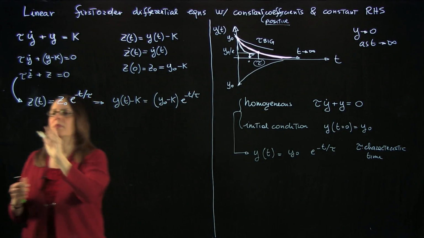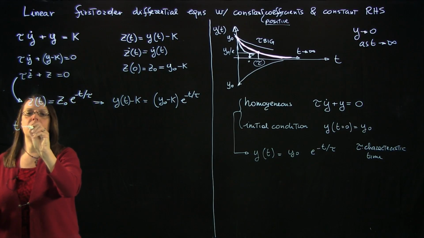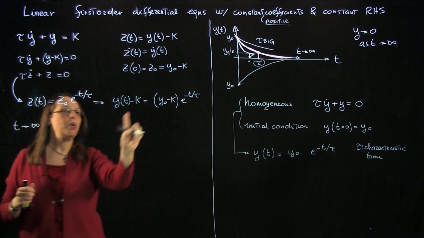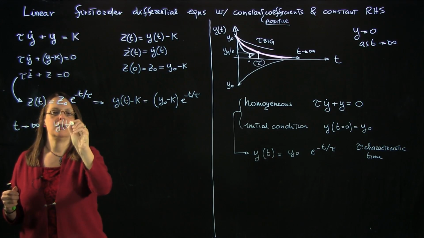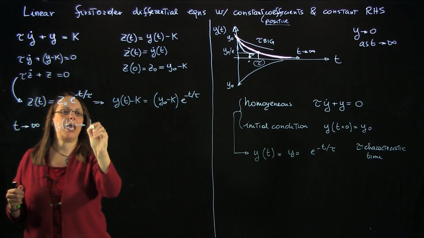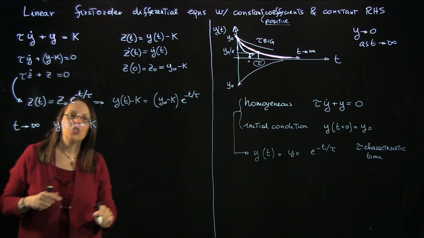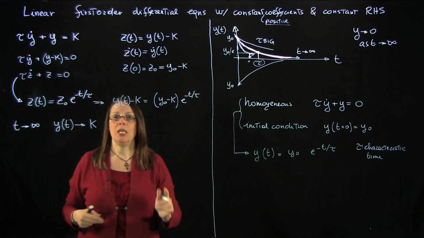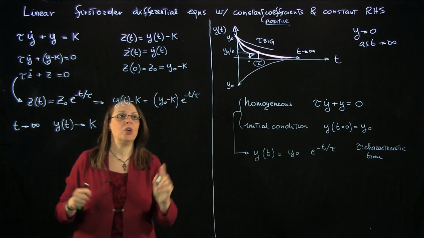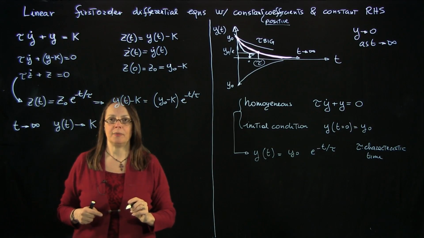So for time that goes to infinity, what we have is that y of t goes to k. So k, which we find by solving the equation, is going to be the value of the function when time goes to infinity.